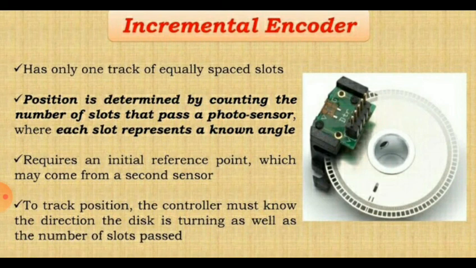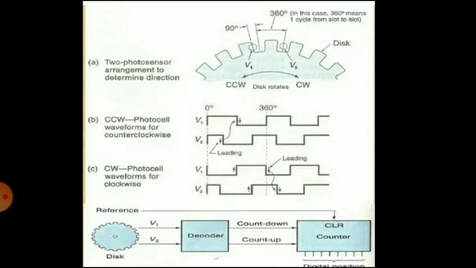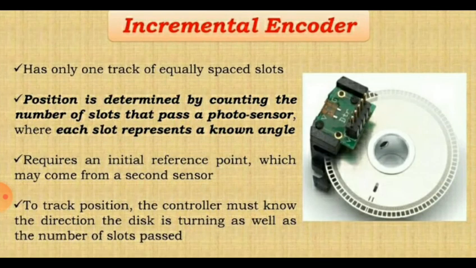The basic form of an incremental encoder for the measurement of angular displacement is shown in a diagram. A beam of light passes through slots in a disc and is detected by a suitable light sensor.